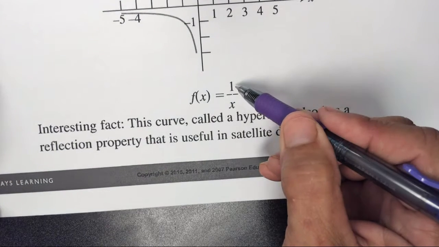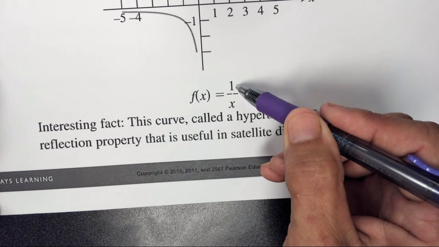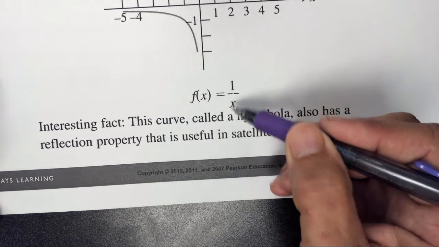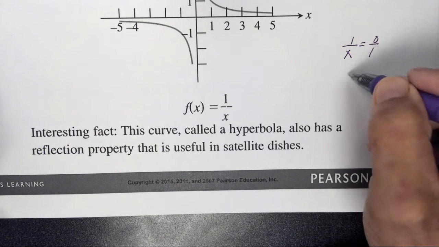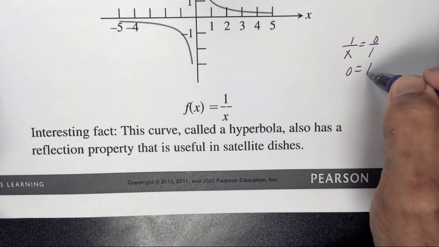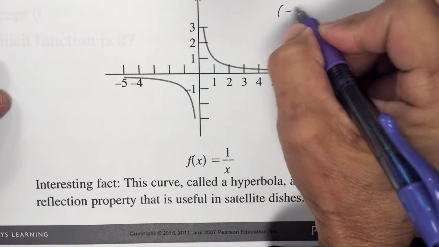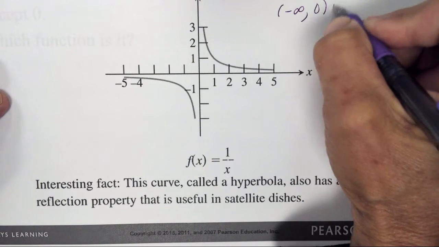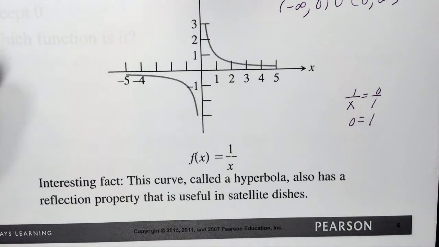Same thing. The degree at the top is smaller, correct? Which makes it y equals 0. Can 1 over x equal 0 over 1? No, because 0 would need to equal 1, and it can't. So my range is also -infinity to 0, 0 to infinity.